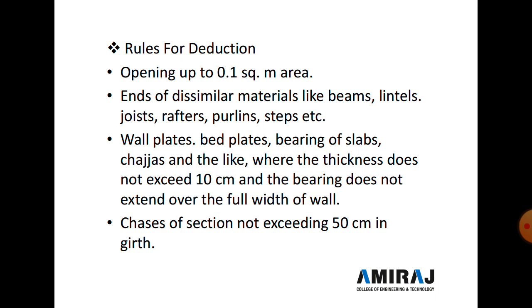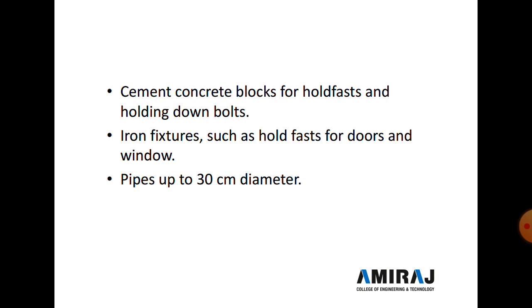Also chases of section not exceeding 50 centimeters in girth, cement concrete blocks, holdfasts and holding down bolts, iron fixtures such as holdfasts for doors and windows, and pipes up to 30 centimeters diameter.